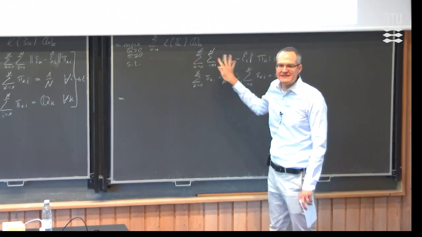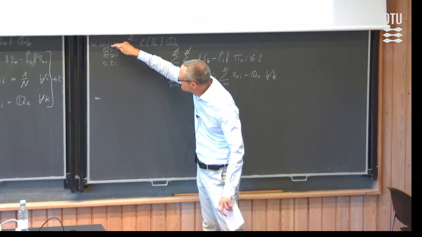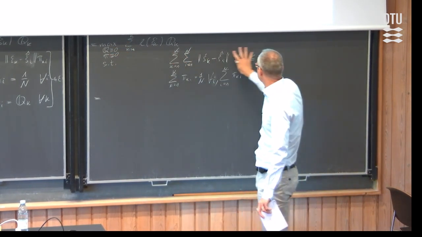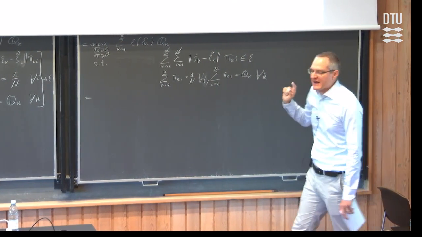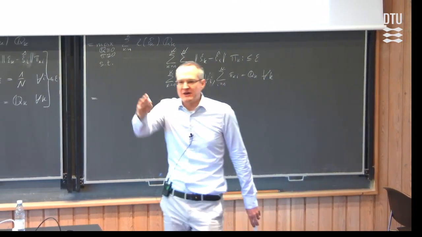The minimum here is completely eliminated. We have decision variables Q and pi, and these are my constraints. Now, I can even further simplify this.